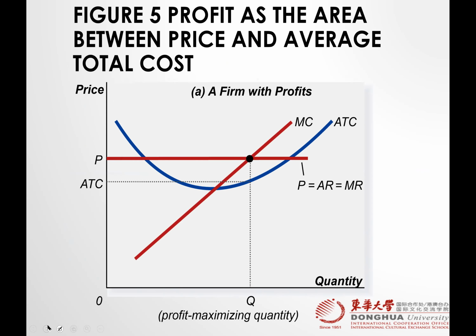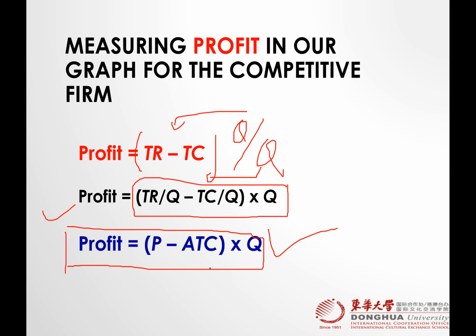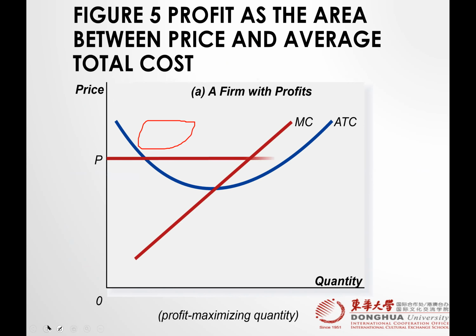Let's not ruin that. Here we go. So this shaded area is called the profit. In quantity terms, what is the formula? Price minus average total cost multiplied by the quantity. This is it. In graphical terms, it's like that.